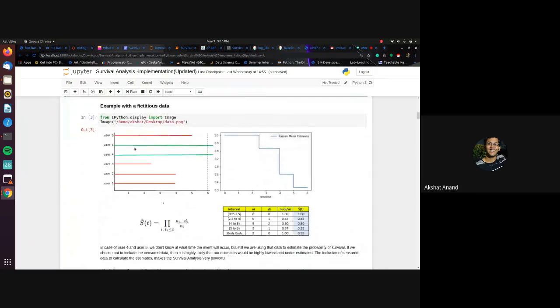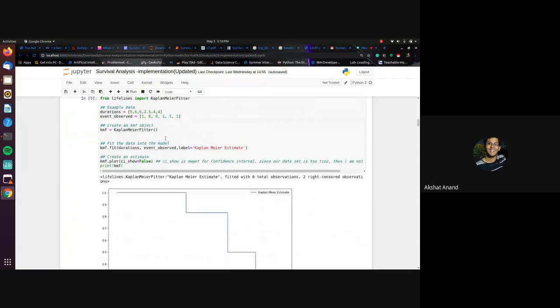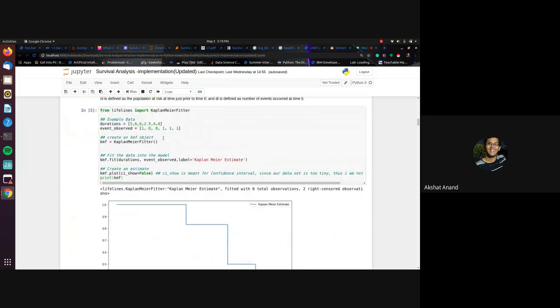Here we have used dummy data to describe the Kaplan-Meier fitter.